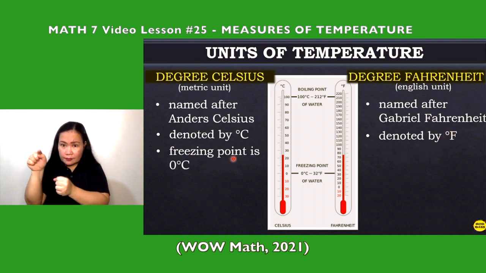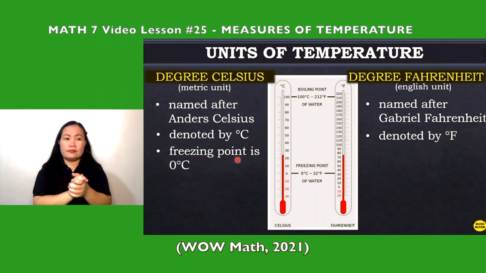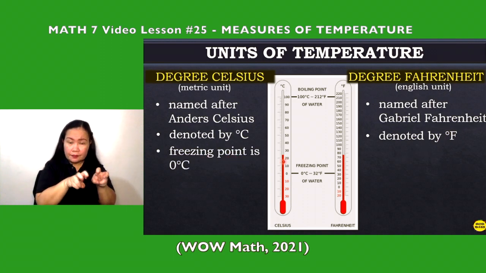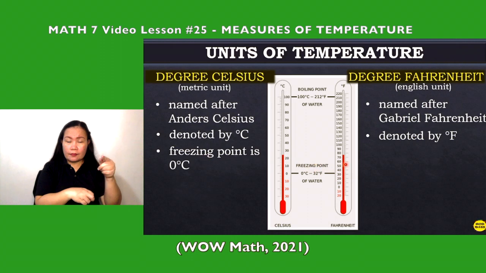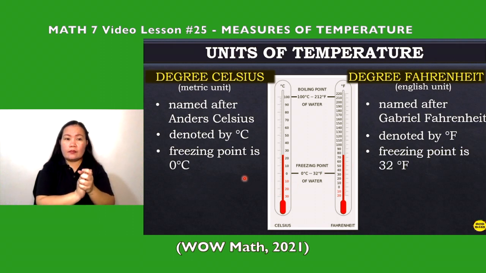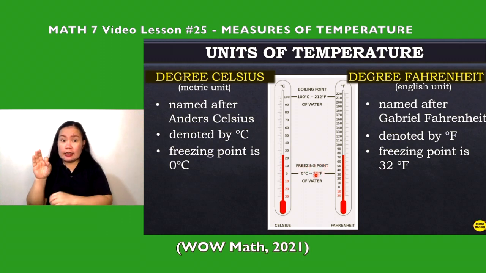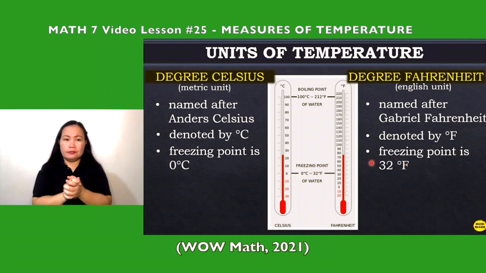Next. So, the freezing point. If we're going to compare the freezing point of the degree Celsius and degree Fahrenheit, the freezing point for degree Celsius is 0, while the freezing point in degree Fahrenheit is 32 degrees Fahrenheit. So, yun po ang pagkakaiba nila.